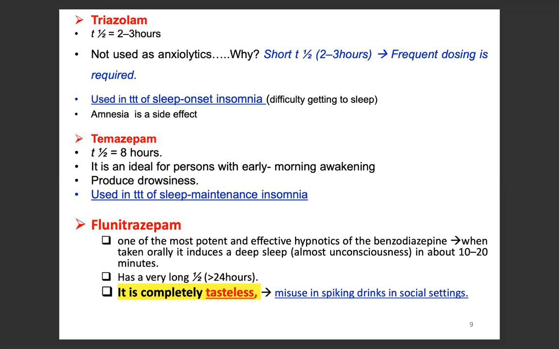It is completely tasteless, and due to this advantage of being tasteless, it is misused in spiking drinks in social settings for gambling purposes and for some criminal purposes. The drug may be misused because it is tasteless, and it is generally added in the drinks.